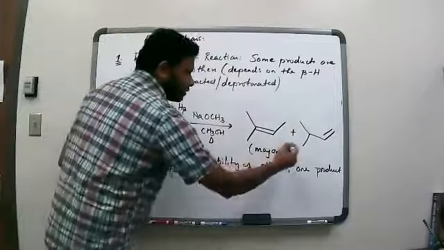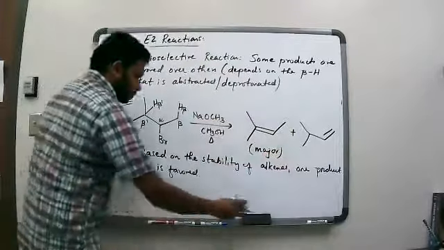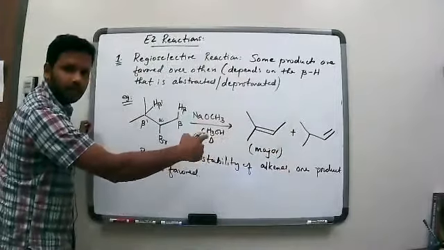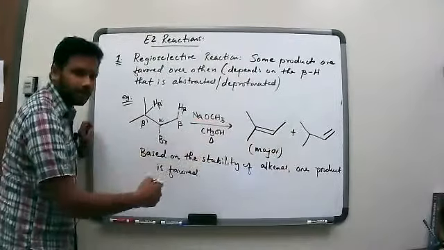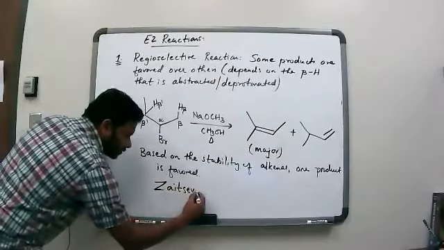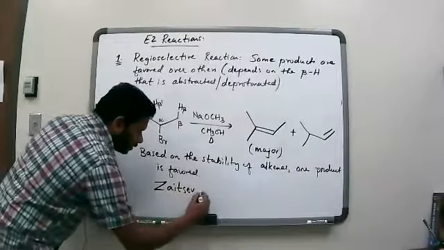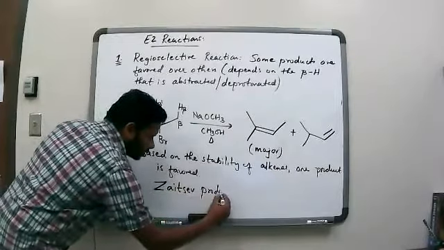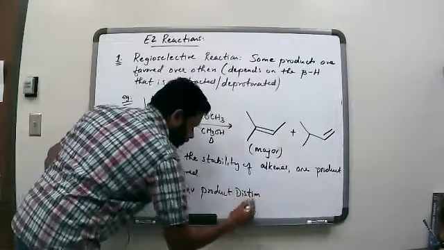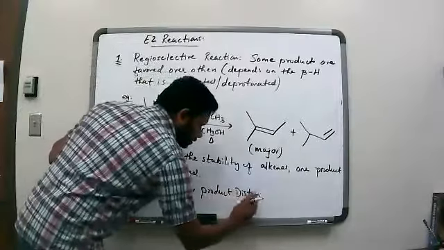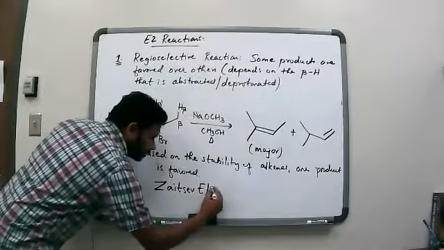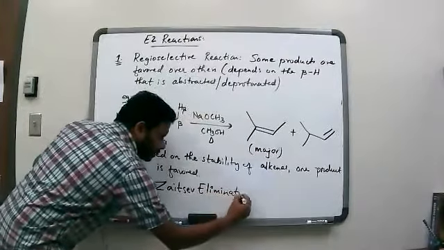So this selectivity that we are seeing, where the more substituted alkene is the major product and the less substituted alkene is the minor product, is called a Zaytsev product distribution. Or, to keep it simple, we can call this a Zaytsev elimination.